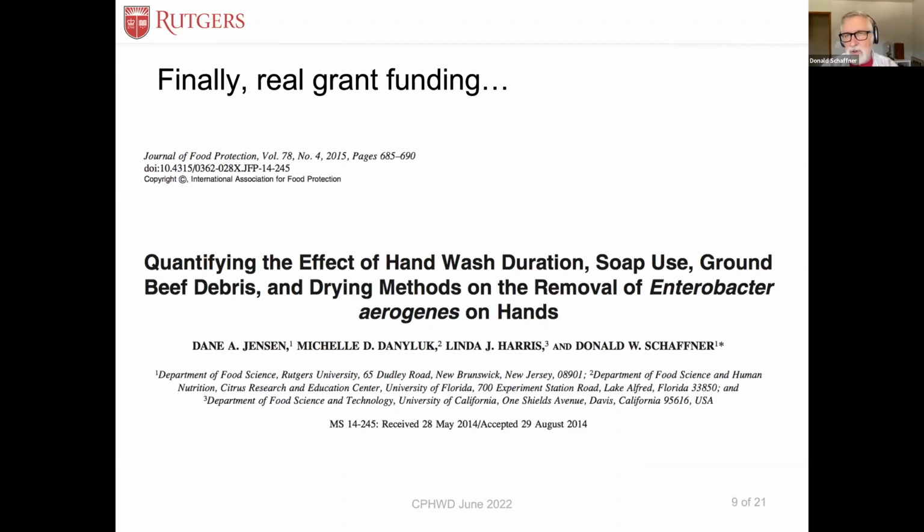Again, not full grant funding, but just a little shoestring money to do a small project and publish a paper. This was part of a grant that we got funded by the Food and Drug Administration. And so in this work, we quantified the effectiveness of a variety of factors. How long do people wash their hands? Do they use soap or not?